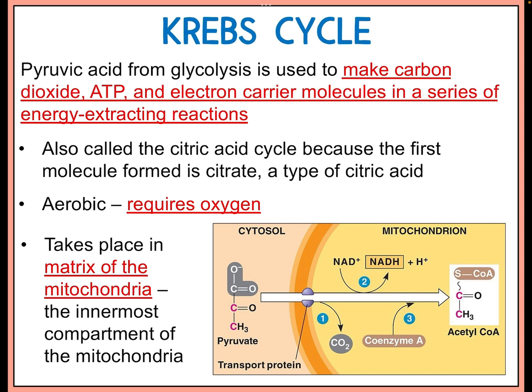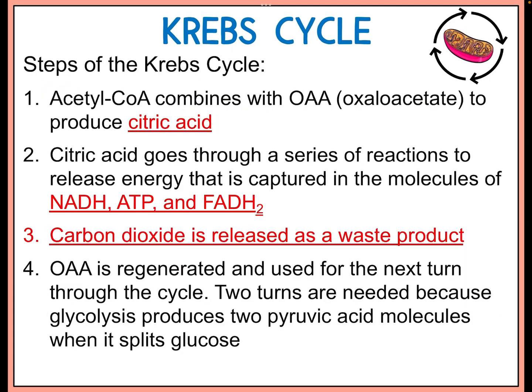It takes place within the matrix of the mitochondria. This is the innermost compartment of the mitochondria. The steps of the Krebs cycle are: step 1, acetyl-CoA combines with OAA to produce that citric acid.